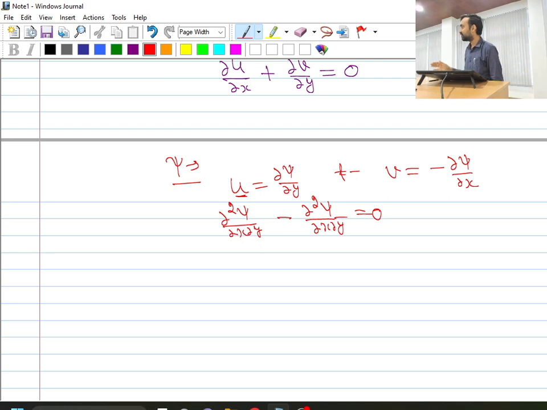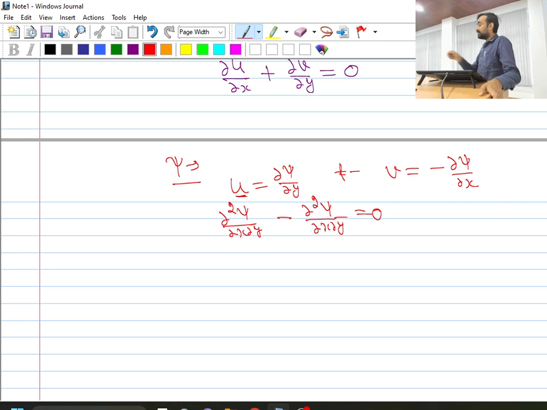So I need not solve the continuity equation for any flow field, because if I am using this formulation, continuity is inherently satisfied.